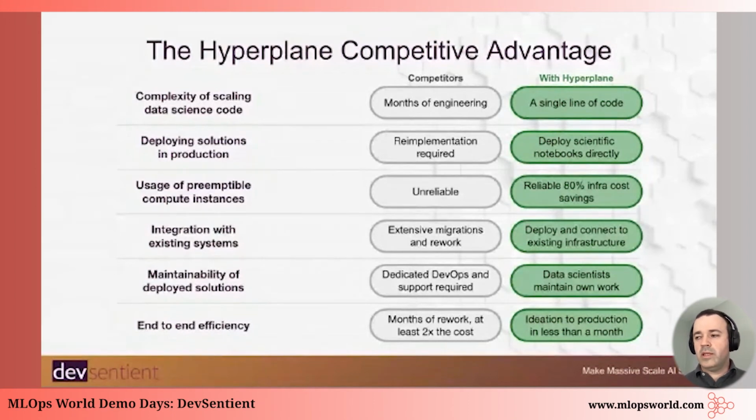Integration. One thing I haven't mentioned yet is DevSentient's philosophy and mindset: no vendor lock-in. We've suffered through vendor lock-in ourselves in our past lives, and it's painful. I think every practitioner knows that no one likes to have to do a lot of work before they see any benefit from a new tool, right? So nobody likes to do migration work.